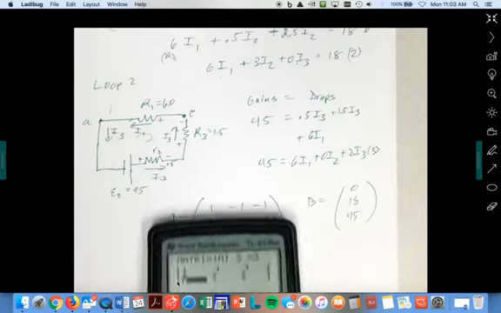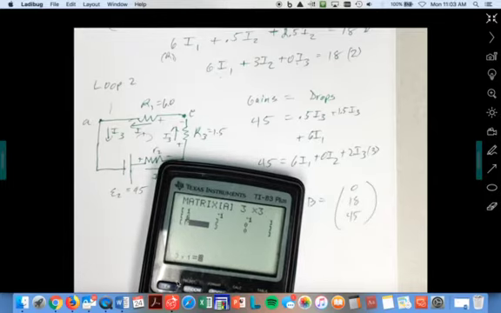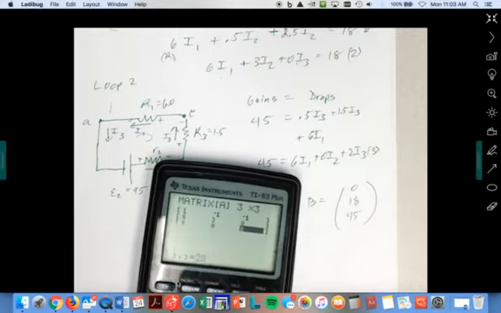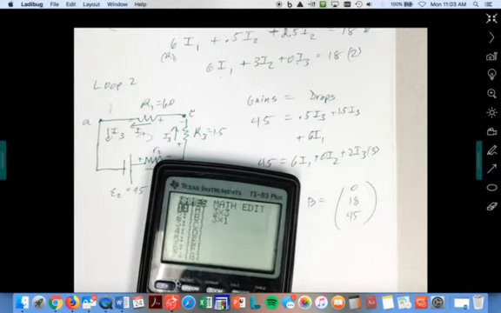And then this one is equal to 6, 0, 2. There's matrix A. So I've got to get out of it. I'm going to go to edit, and edit matrix B. It's a 3 by 1, and it's going to be 0, 18, 45. Looks like I did this already. Enter.